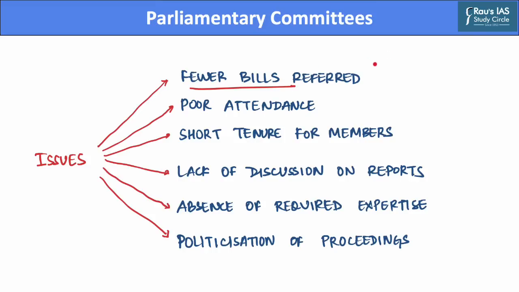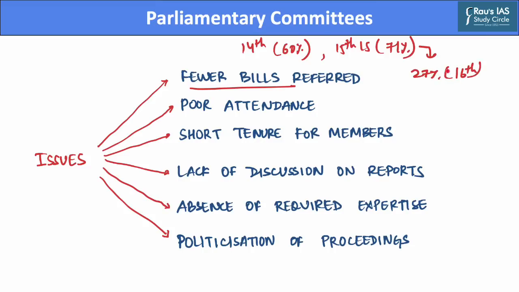In the 14th Lok Sabha, 60% of the bills were referred to parliamentary committees, whereas in the 15th Lok Sabha, about 71% of the bills were referred. However, this number dipped sharply to about 27% in the 16th Lok Sabha, signifying that fewer bills have been referred to these committees.